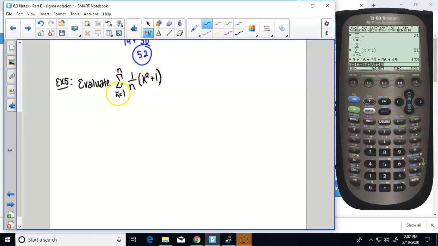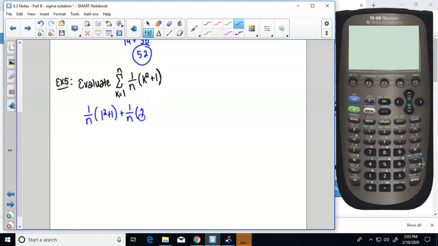But we are going to see a property here. We only replace the k with the number. So what this will look like is this. We'll have 1 over n times 1 squared plus 1. And then we'll have 1 over n times 2 squared plus 1.